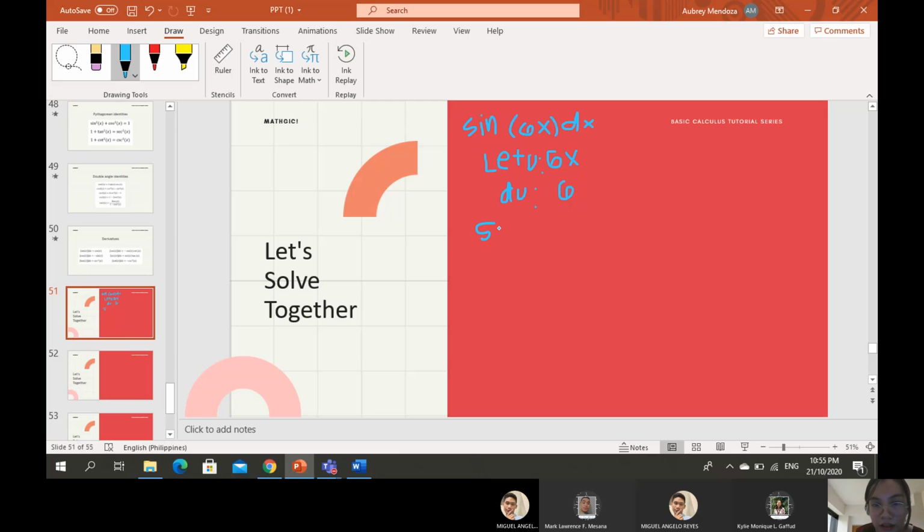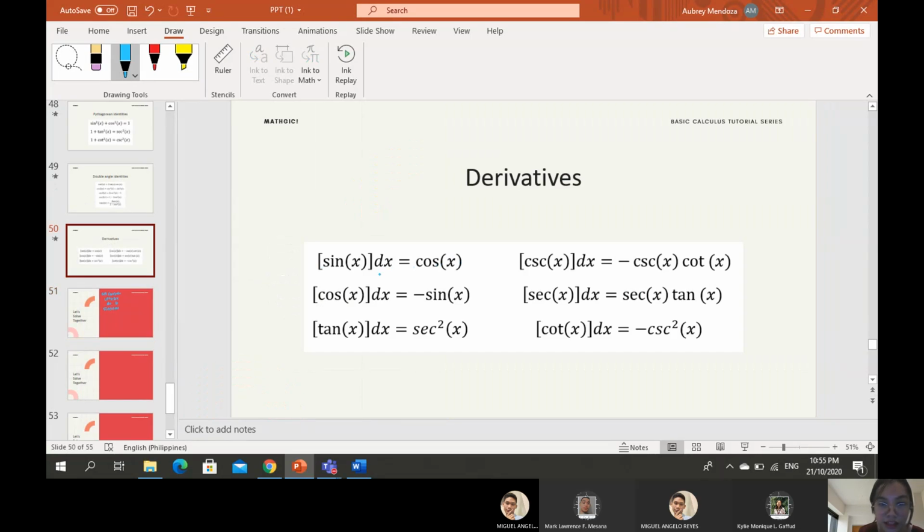So sine u du. So we need to get first the derivative of sine. So the derivative of sine is cosine.